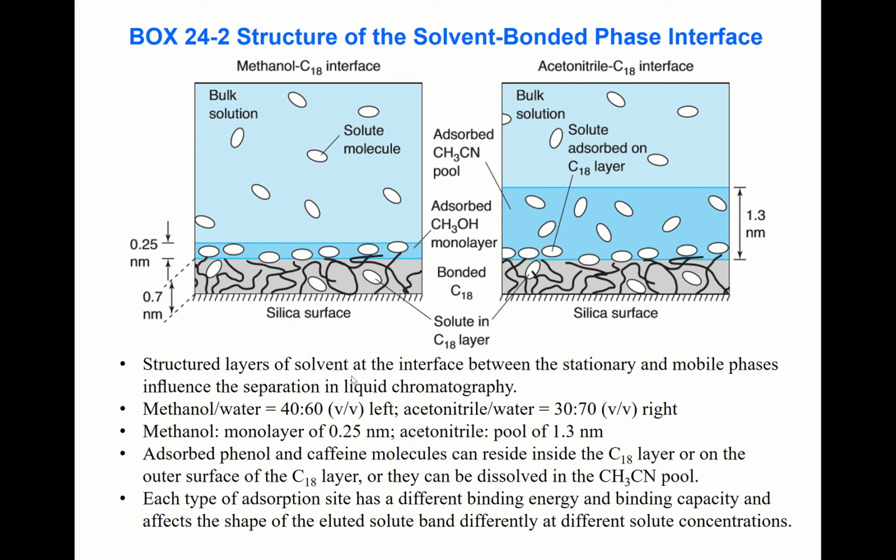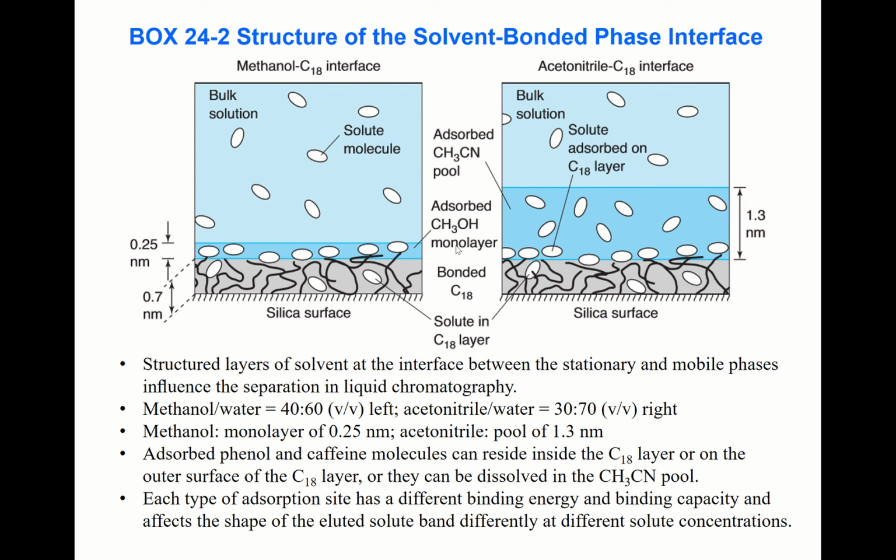Structured layers of solvent at the interface between the stationary and mobile phases influence the separation in liquid chromatography. So situations are different depending on which solvents are used, and the separation becomes different.